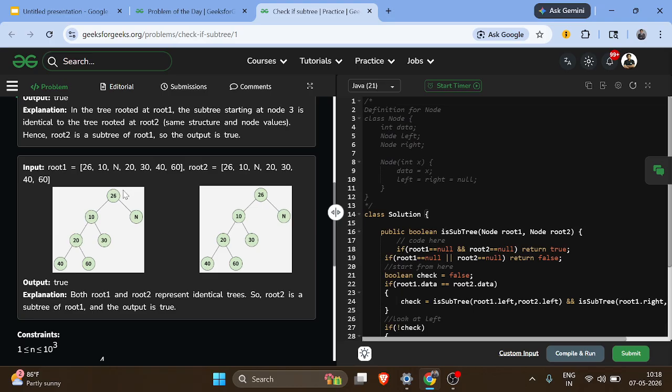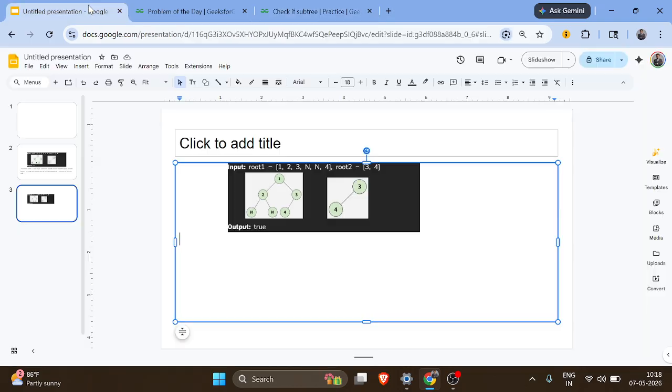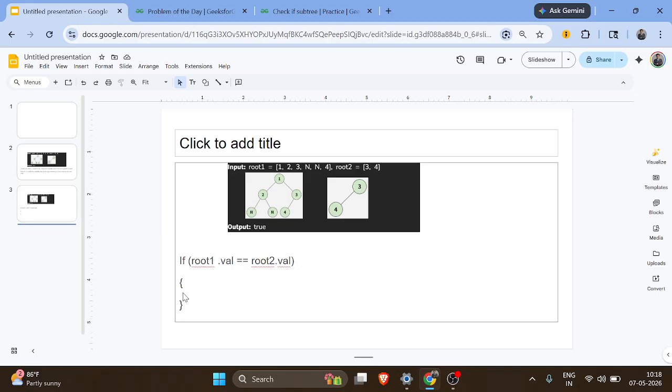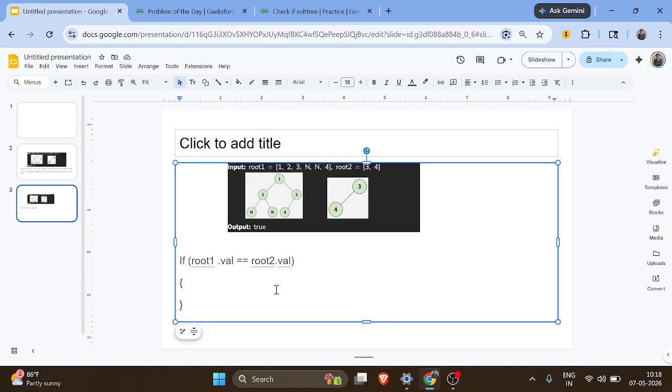So if root 1 value equals root 2 value, there is a possibility that the root 2 tree starts from here. So we have to further check whether this is the case.